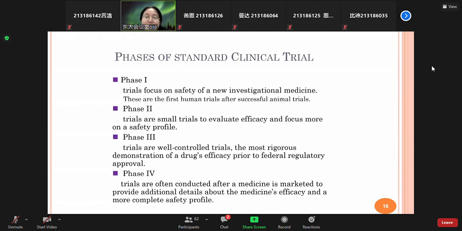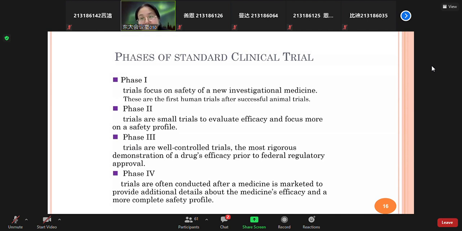Okay, so phase 2 tries to find the effectiveness. So we try to find if the new drug is effective for the diagnosed patients.